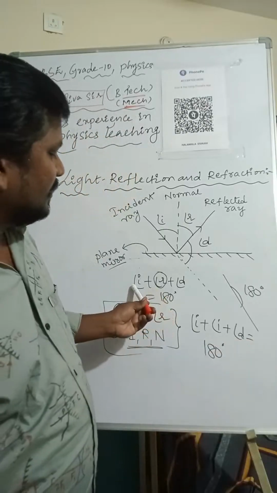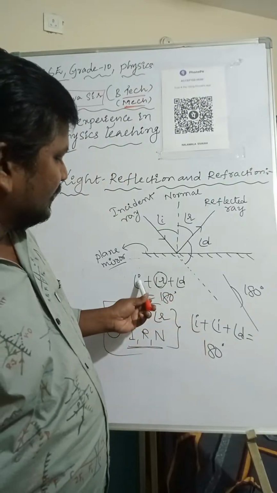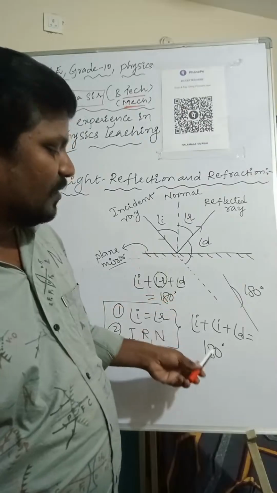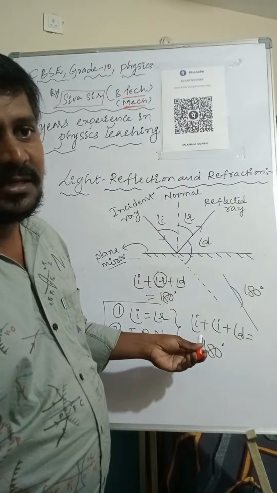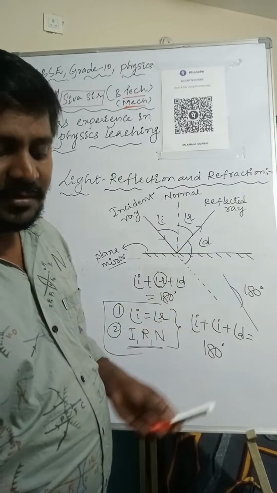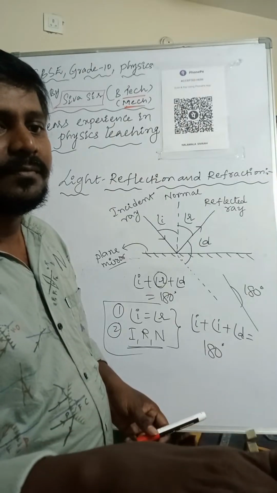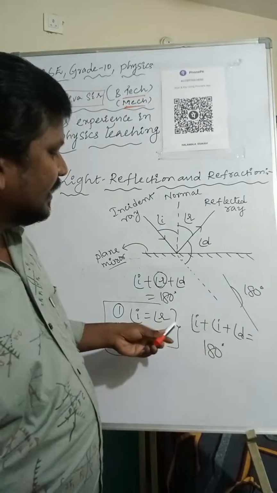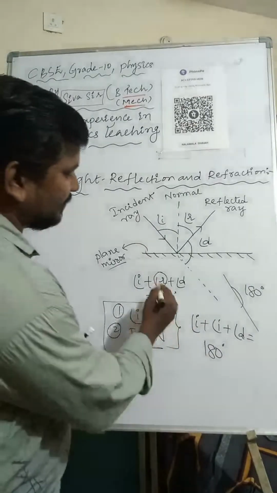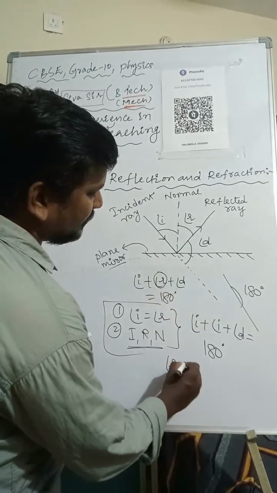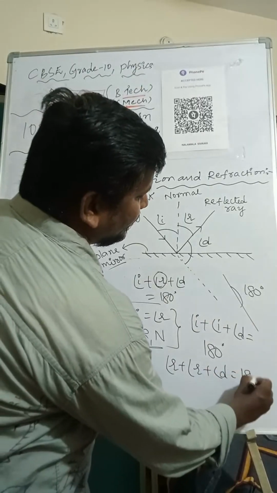We can also write, instead of angle of incidence, angle of reflection. So angle of reflection plus angle of reflection plus angle of deviation equal to 180 degrees.